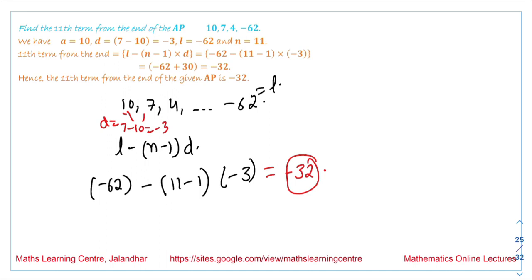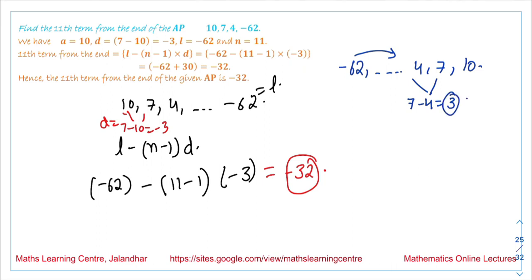Another way to solve this is that we are trying to find the value. The sequence is minus 62, then 4, then 7, then 10, and we are trying to find the nth term for this sequence. The common difference we have now is 7 minus 4, which is equal to 3.